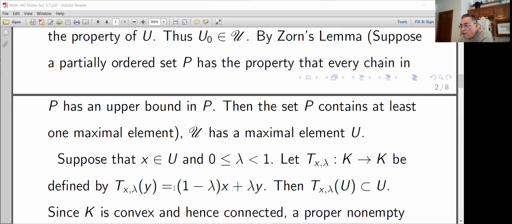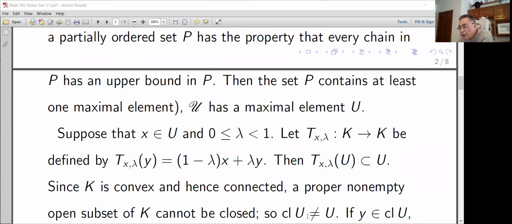Since K is convex and hence connected, a convex set must be connected. So a proper non-empty open subset of K cannot be closed.